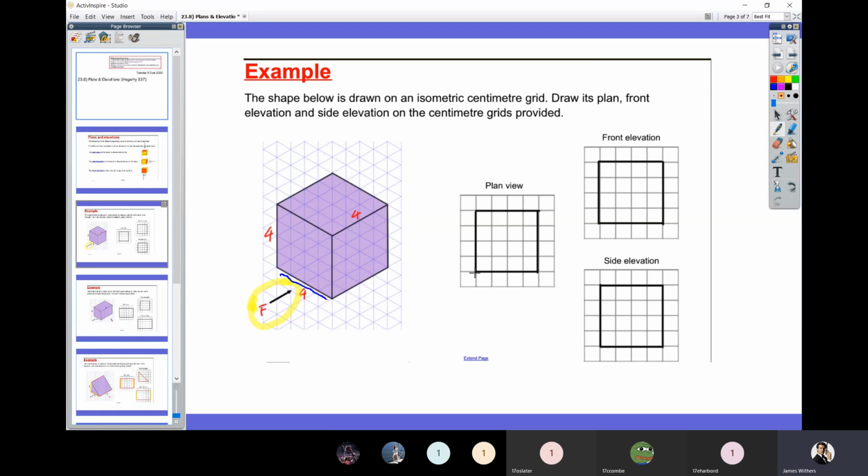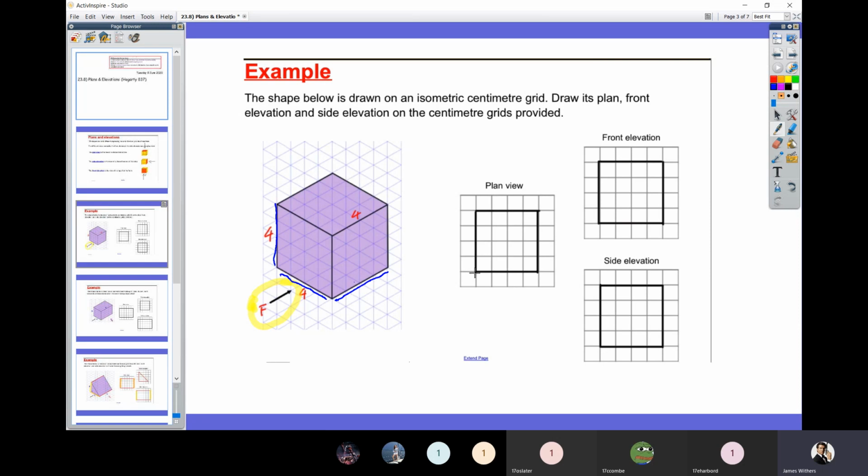The height one's quite easy to see. That's just a height of 1, 2, 3, 4. And the width going backwards, so the depth of that cube, again, you're doing that on the angle, aren't you? So that's 1, 2, 3, 4. So it's really important that looking at that isometric paper on the left, you would be able to label that up and see, right, I can see that looking from the front, my base is 4, the height is 4, and the depth of it is 4.